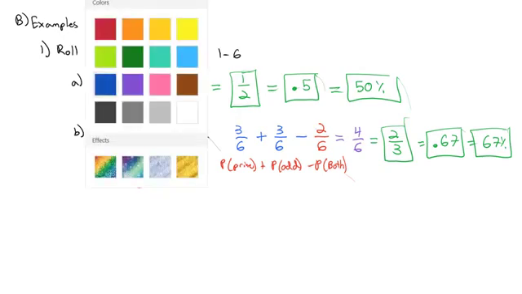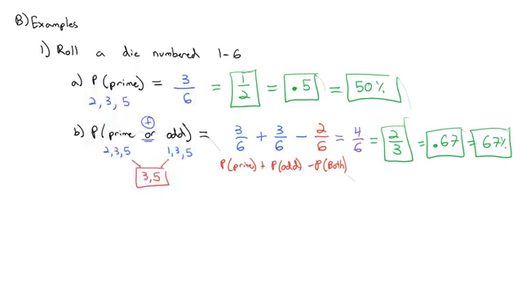Without the formula, though, I could have also worked this out using the definition. There's 6 options, 1, 2, 3, 4, 5, and 6. The prime numbers are 2, 3, and 5.